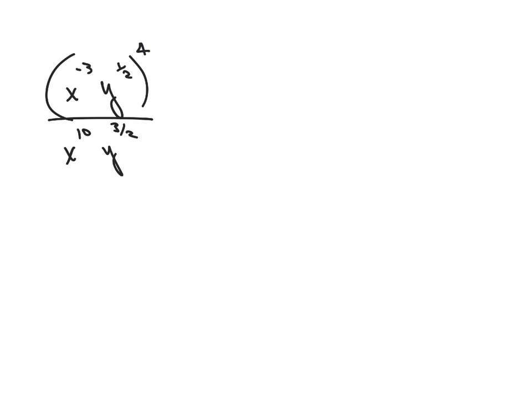That's the only thing kind of goofy there to remember. Okay, last one. x to the minus 3, y to the 1/2 to the 4th power. And then we're going to put that over x to the 10th, y to the 3/2.